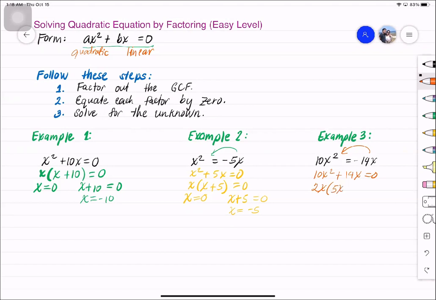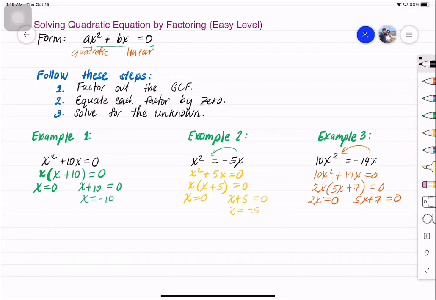Then 14x divided by 2x, you get 7, equals 0. What are the factors again? We have 2x and 5x plus 7. According to step number 2, we equate each factor to 0. Is 2x equals 0 already done? It's not yet done.